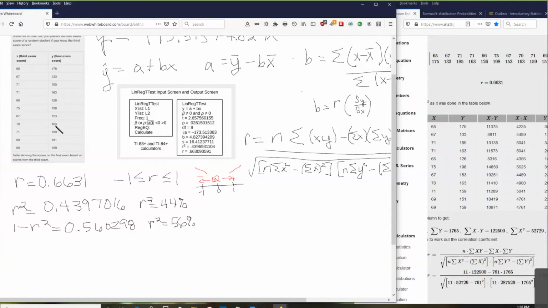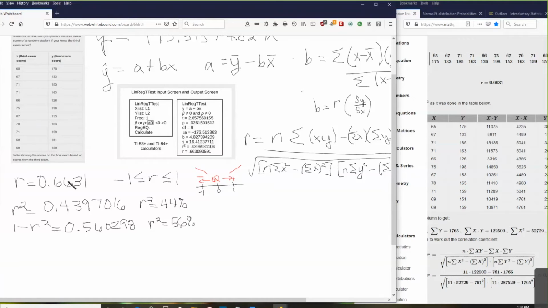Therefore, approximately 56%, which is our 1 minus R squared, of the variation in the final exam grades cannot be explained by the variation in the grades on the third exam using the best fit regression line.